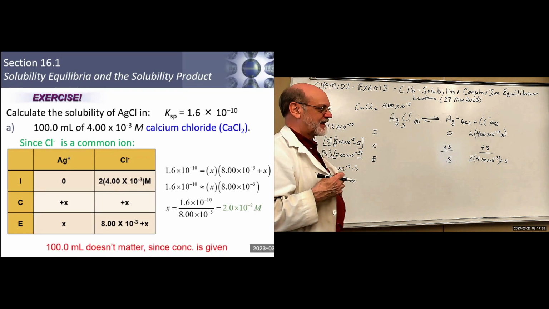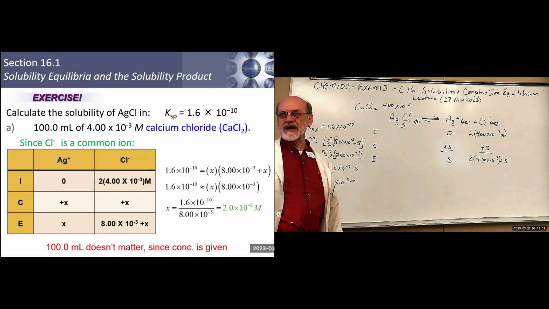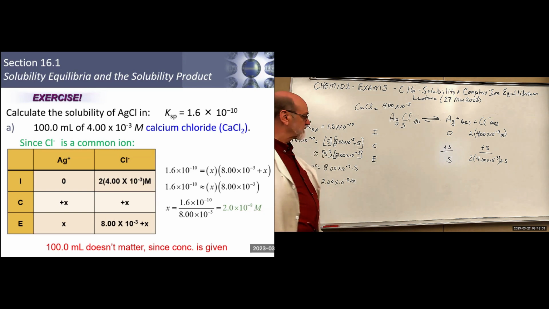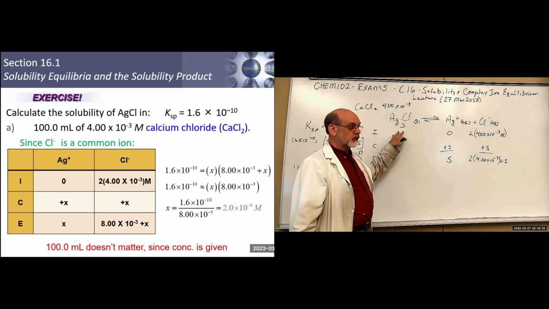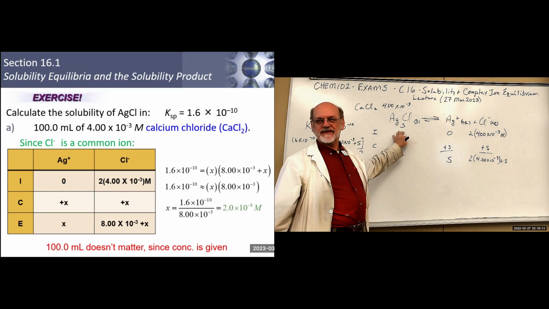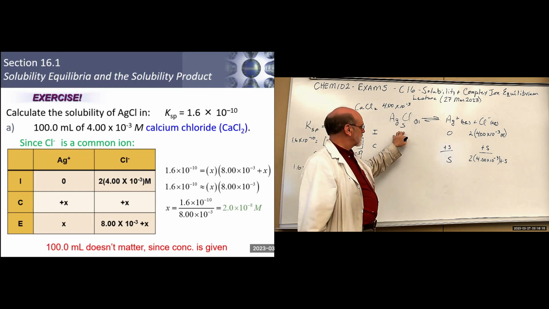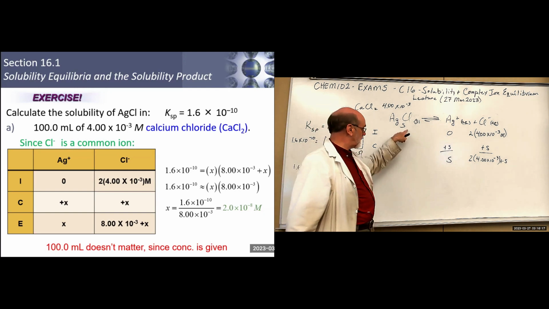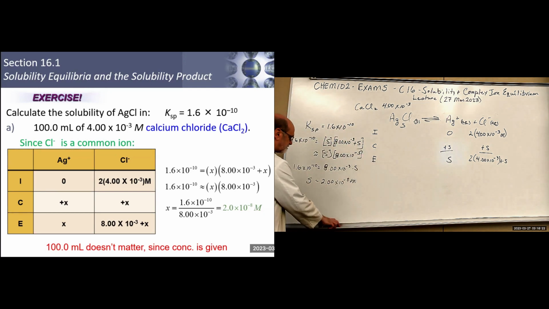Okay, and just a point to make, 100 milliliters doesn't matter. The only thing that matters is the concentration. Why? Because this solid is in 100 milliliters. It could just as well be in 5,000 milliliters. Doesn't matter because it has no concentration value. That's why it's not over here, and it's not in the expression.